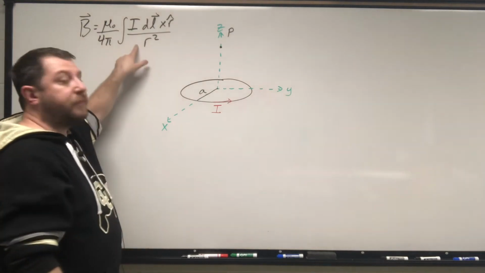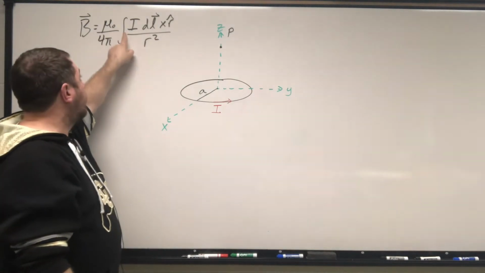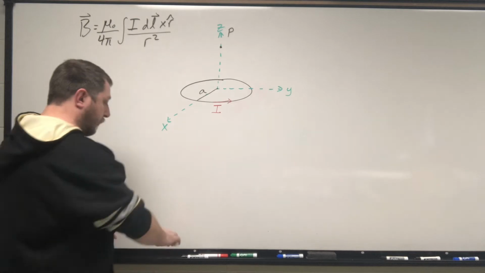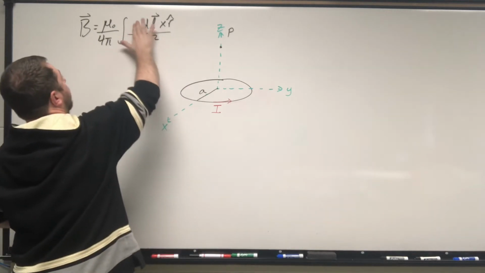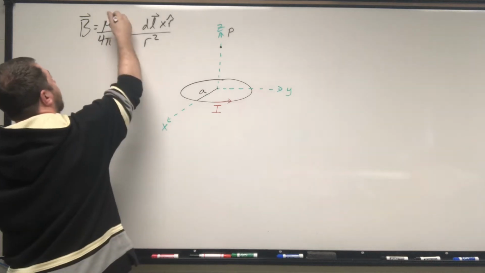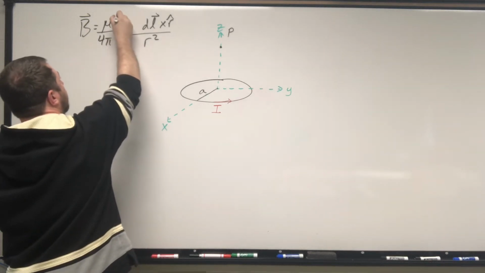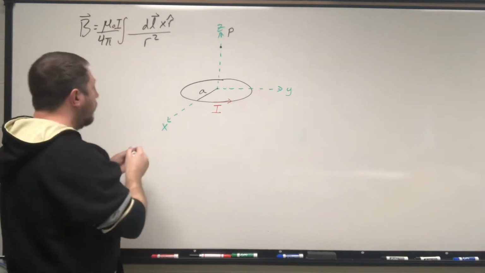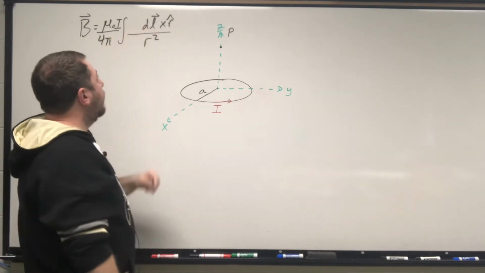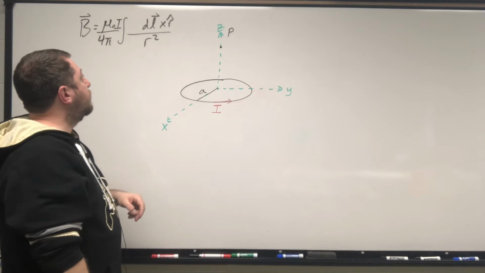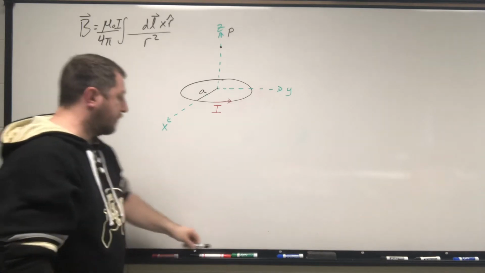That is fortuitous because that allows us to pull the current out of the integral. And we're left with the line element dl crossed into the r vector divided by r squared.